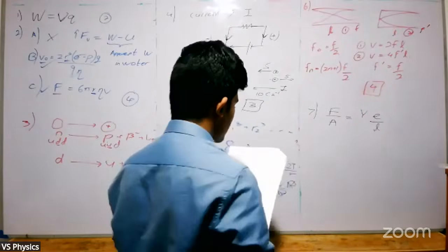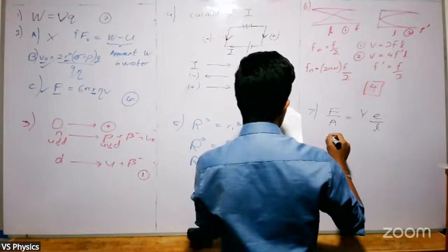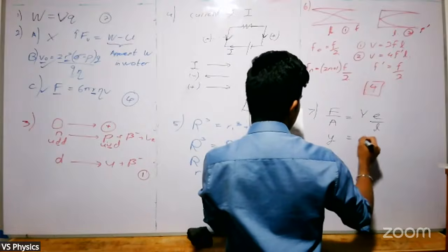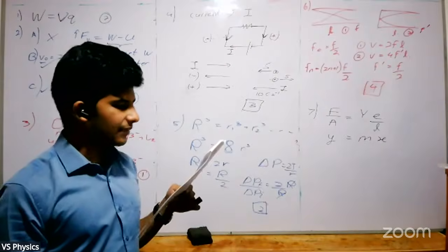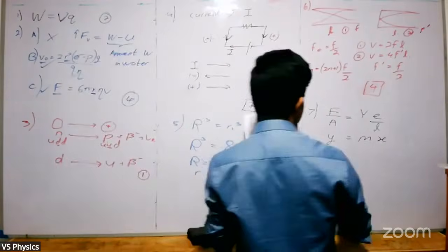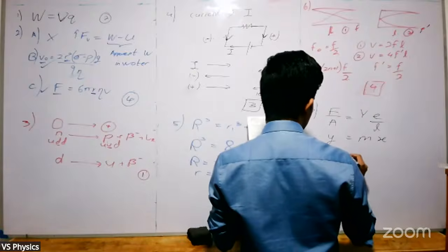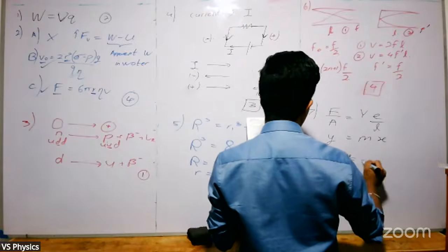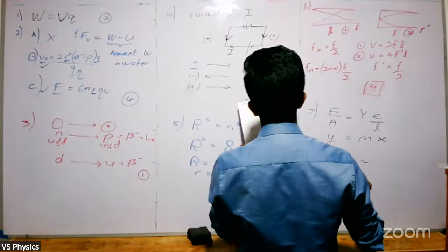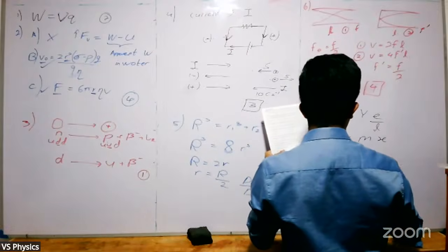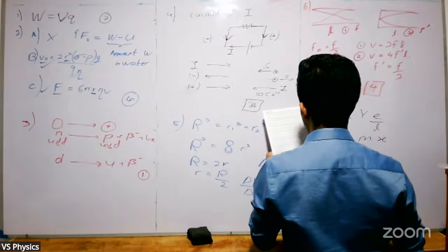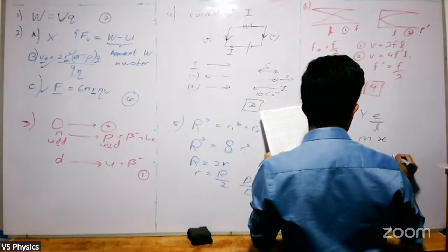The graph is also given in the same way, in y equals mx form. Then how do you find Y? Y divided by x. What is y? 2 times 10 to the power minus 3.